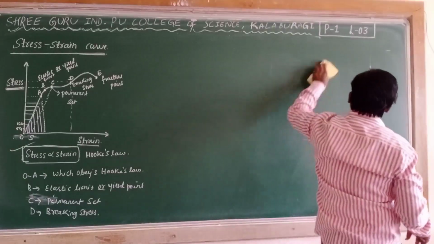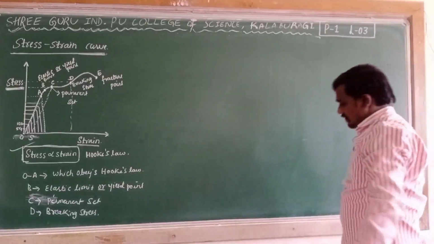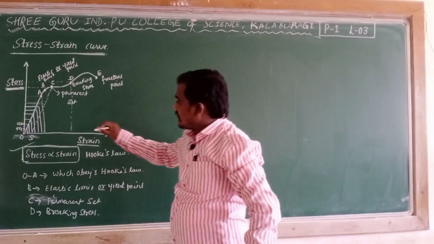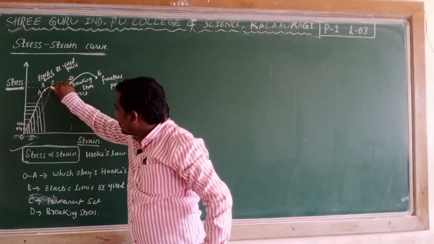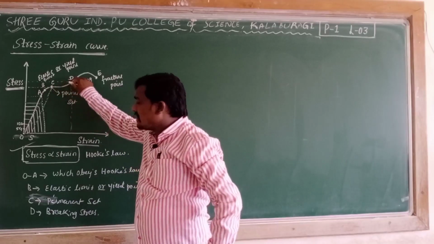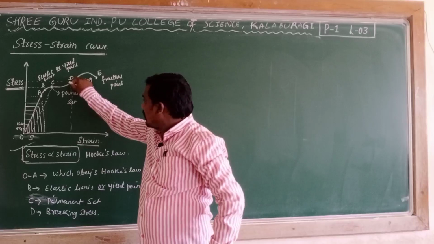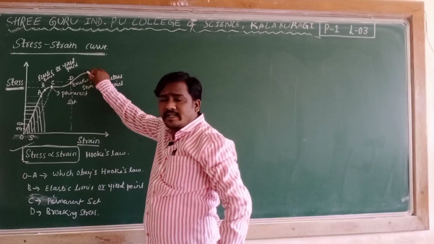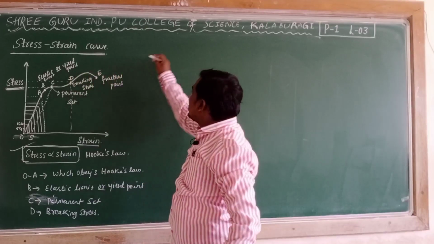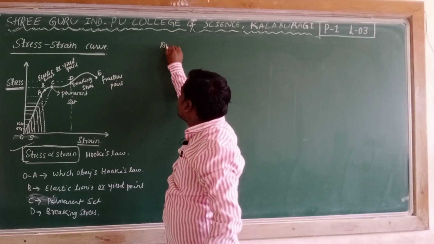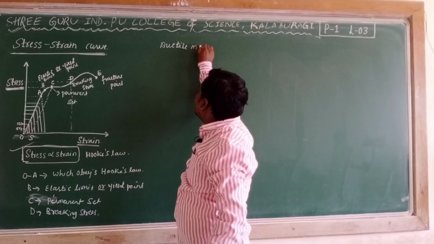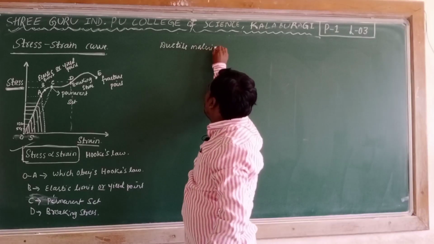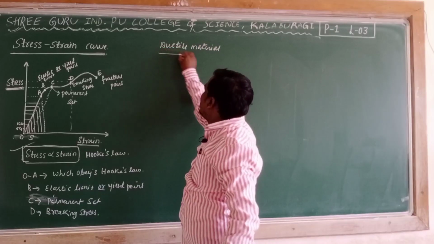Okay, listen here. This is the elastic limit, this is the plastic limit. Up to this region the material is not going to break, and up to this region also the material is not going to break. These types of material we call ductile materials. What is meant by ductile materials?